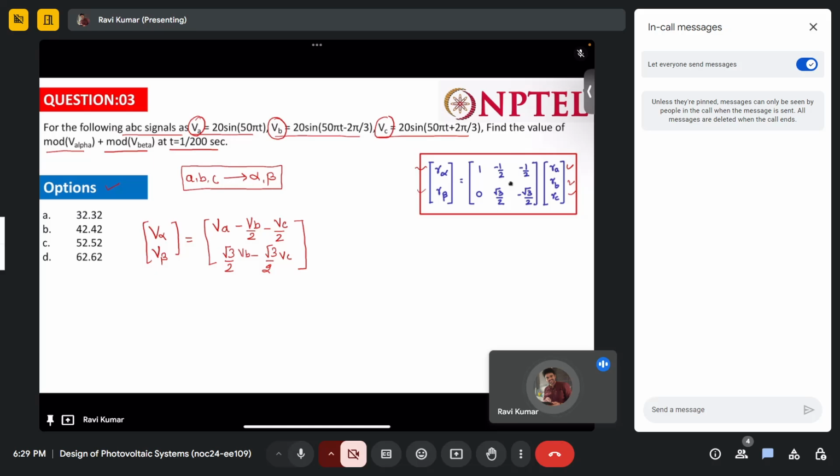Here we require the value of T. T is given as 1 by 200. So just put the value of VA, VB, VC. Okay, let me put.